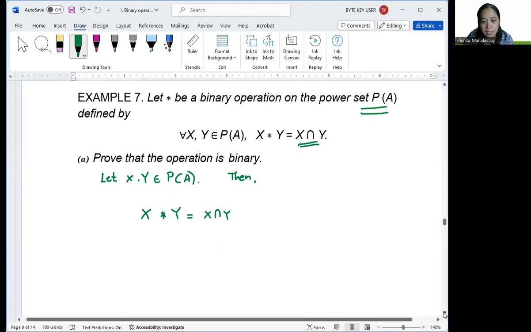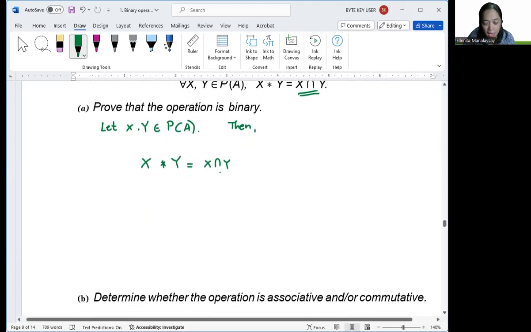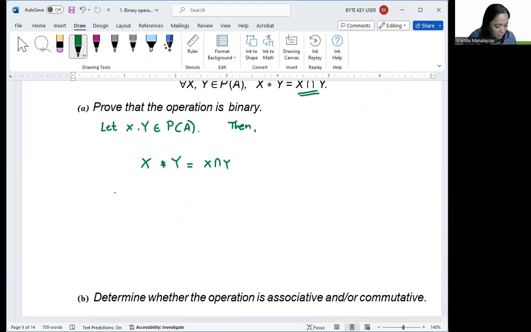Then what is X intersection Y? X intersection Y contains the elements that are both in X and Y. If x is in X intersection Y, then x is in X and x is in Y. That's how we define the intersection, right?